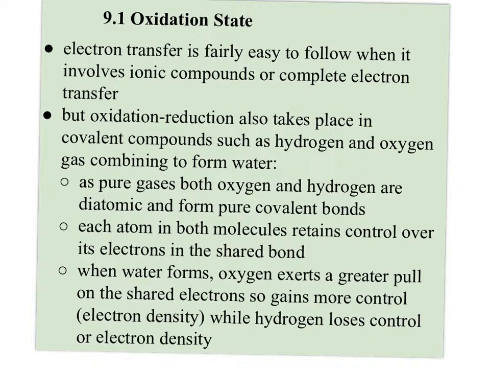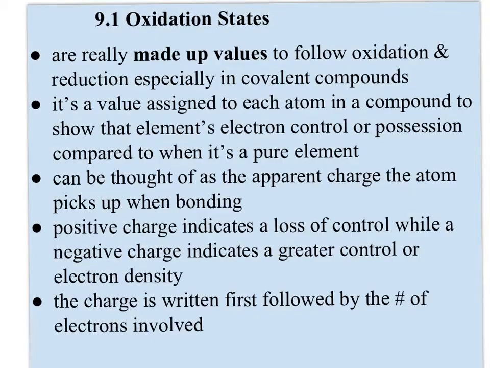And each hydrogen is said to have an oxidation state of +1 because it's lost control of its 1 electron. Now these electrons aren't actually transferred. This is a covalent bond, but we use these oxidation states of +1 and -2 to show the change in control over the electrons during this bond.